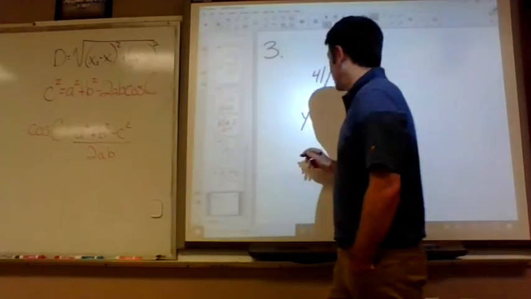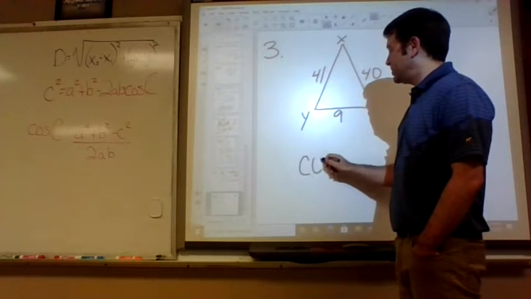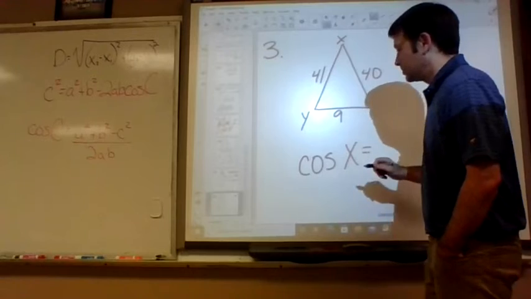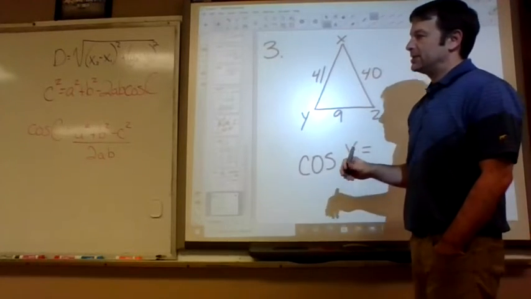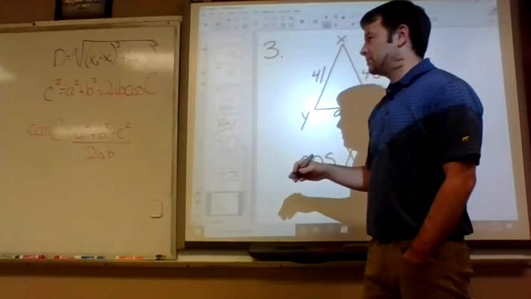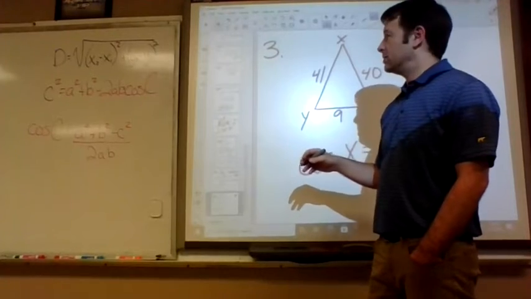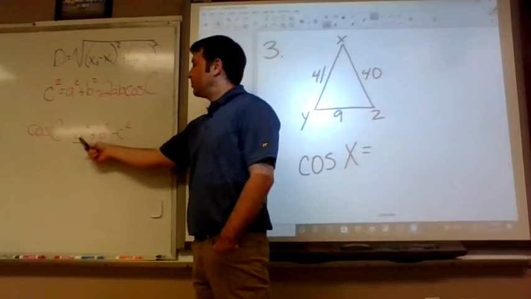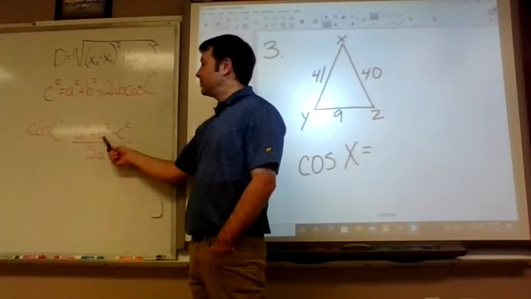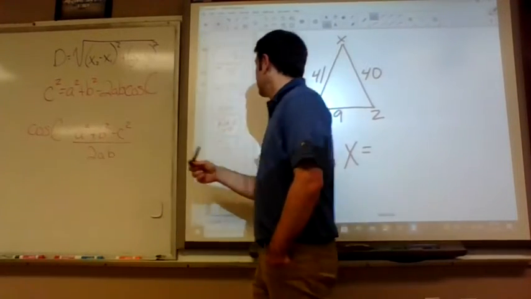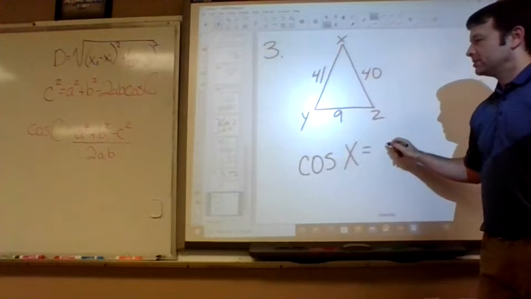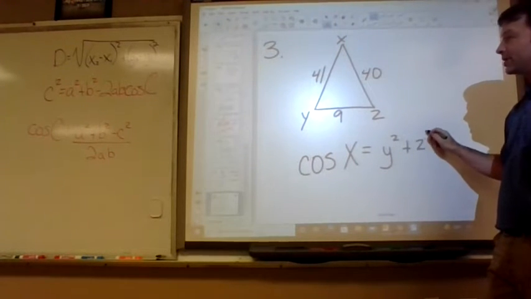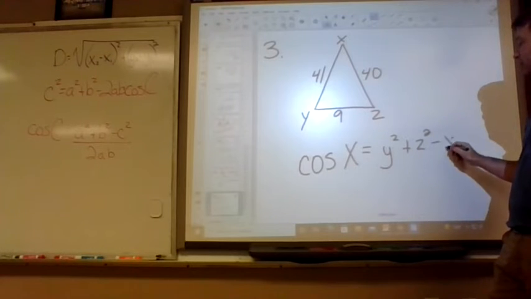So instead of C, let's say cosine of X. Could it be cosine of Y instead, or does it have to be A? It could be any of them. So these two letters are not C. We got y squared plus z squared minus x squared.